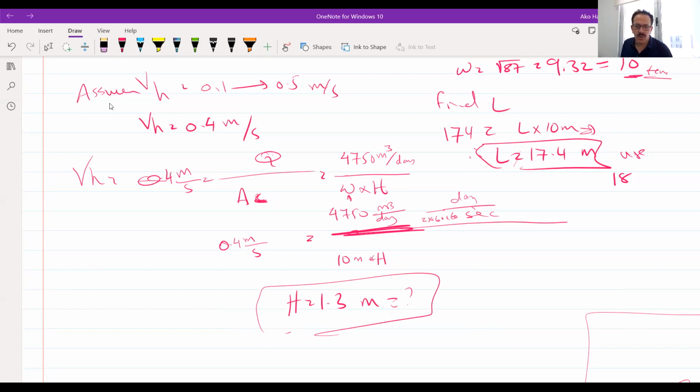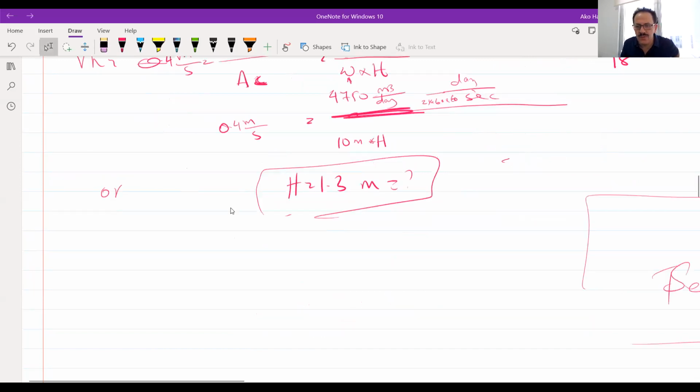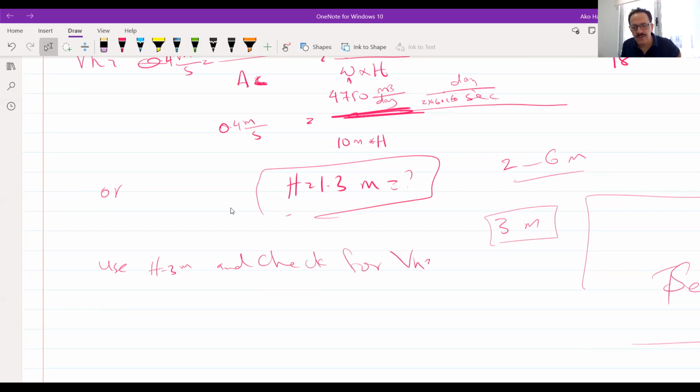Okay, or you can assume a value of h. The h will be between 2 to 6 meters. Usually we will use 3 meters or more. So use h equal to 3 meter and check for horizontal velocity.